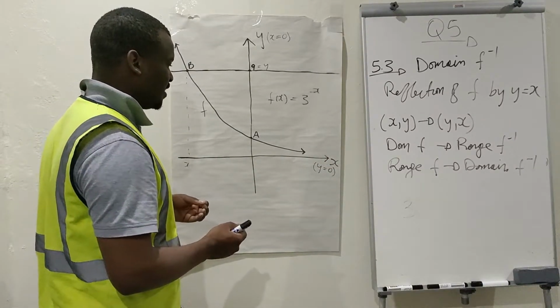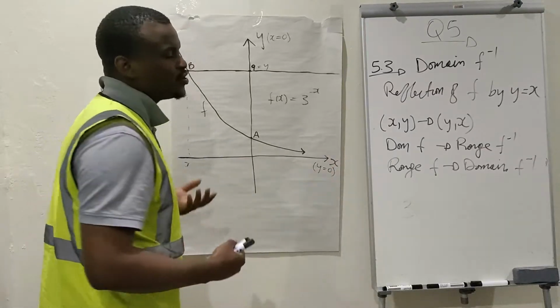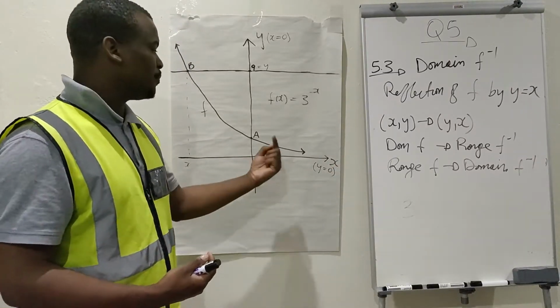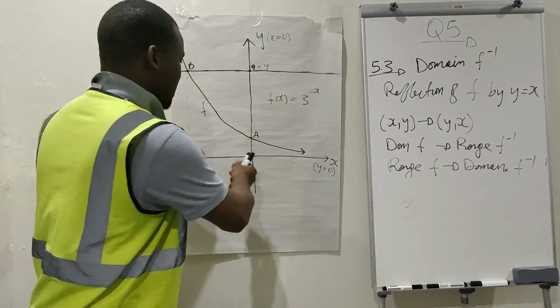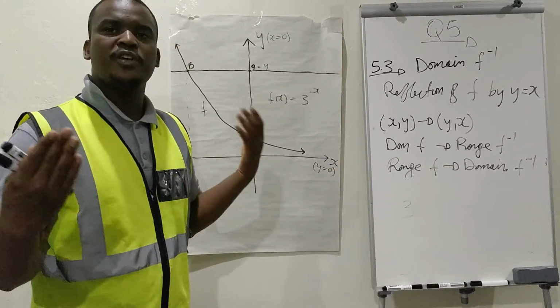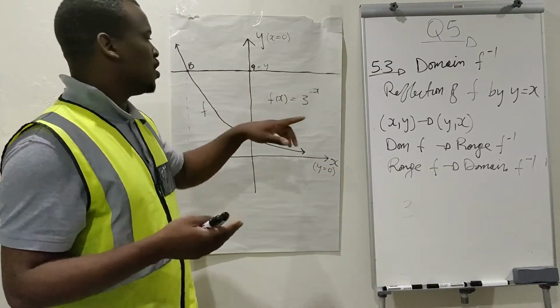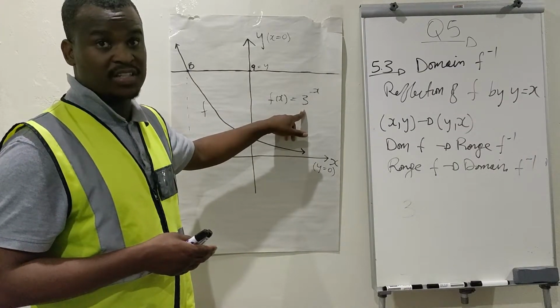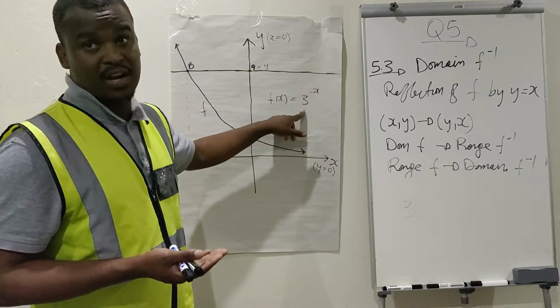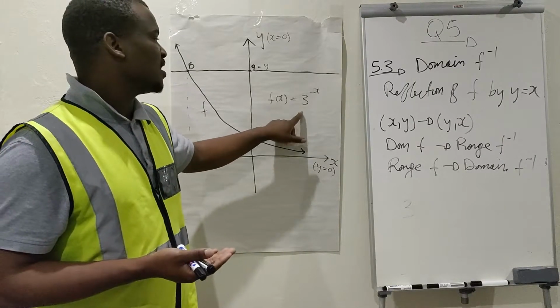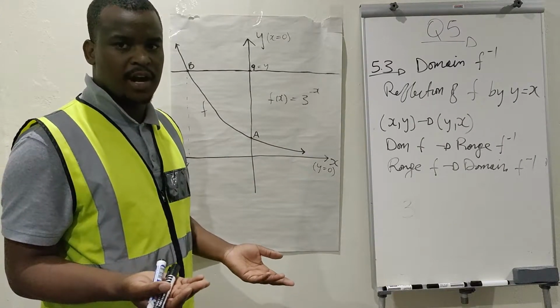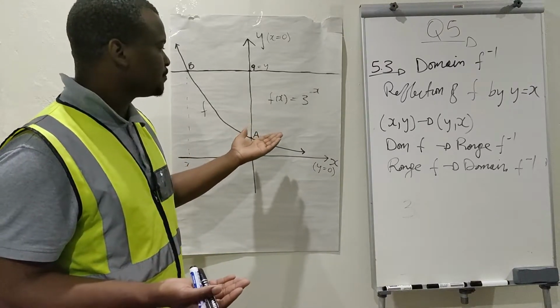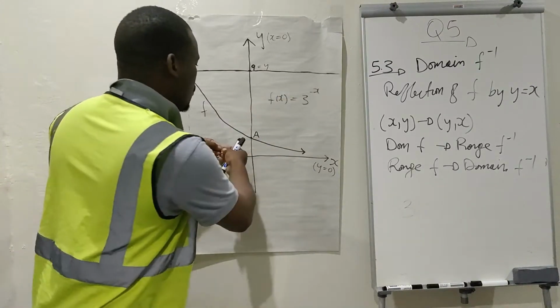So on this real line, f is defined everywhere. There's no value that you can pick such that when you substitute it into this equation, f of x equals 3 raised to the minus x, the function will be undefined. So this function is defined everywhere on the real line.